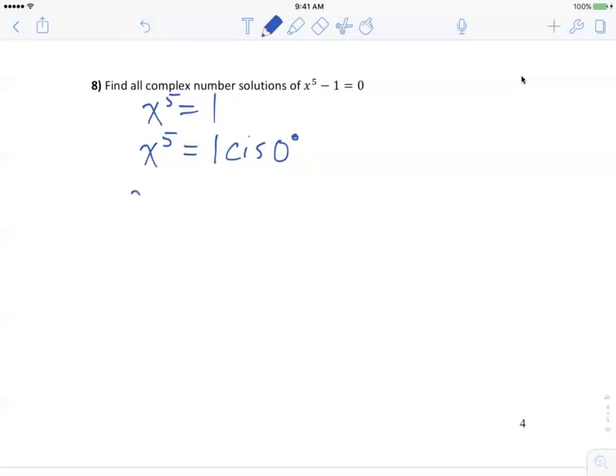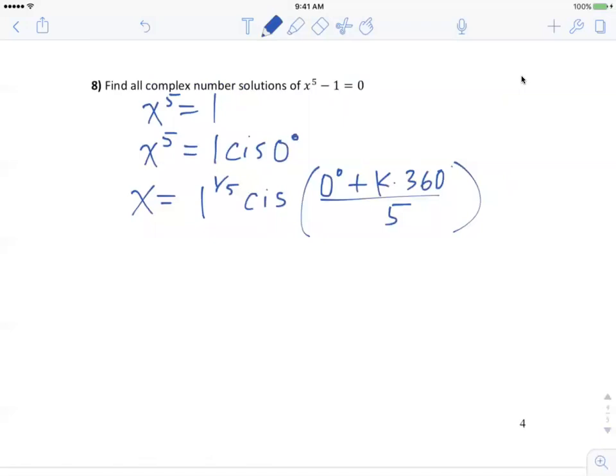Apply your formula. So x is going to be 1 to the power of 1/5 cis of (0 degrees plus k360) divided by 5. Right? 5th roots, n is 5. And that's that same formula we've been using.